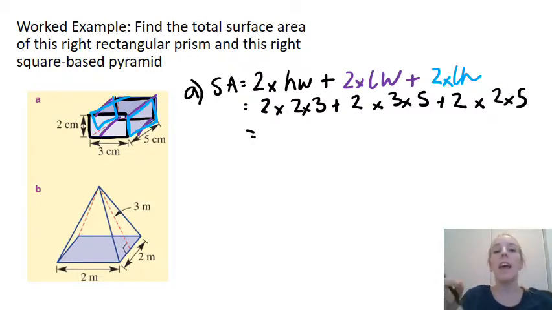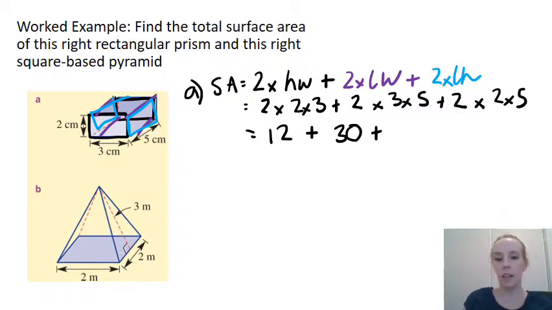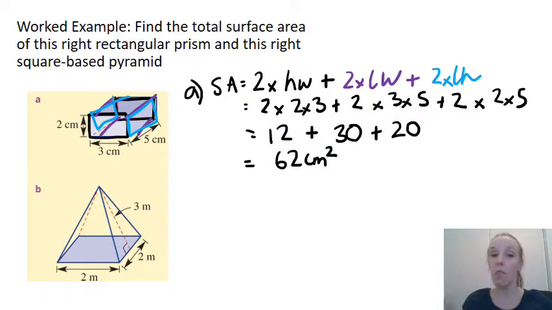That will give me the area of all those different rectangles, which I can add together. This one will be 12, plus 2 times 3 times 5 is going to be 30, plus 2 times 2 times 5 is going to be 20. Add all those together: 62 centimeters squared. That gives me the total surface area of that rectangular prism.